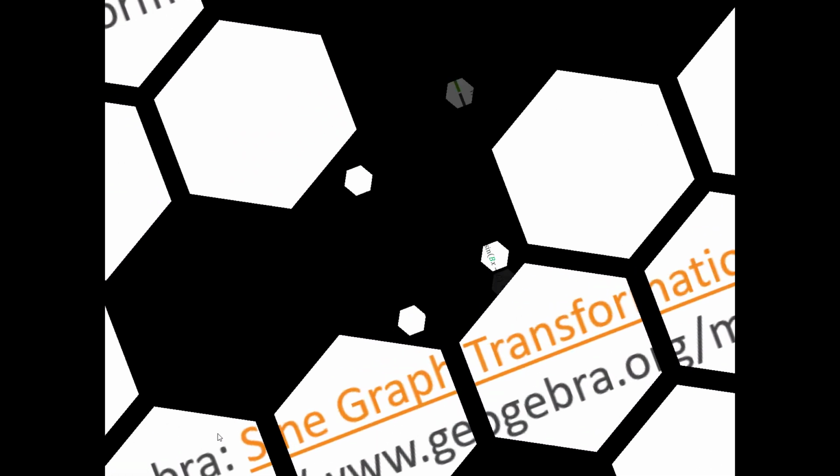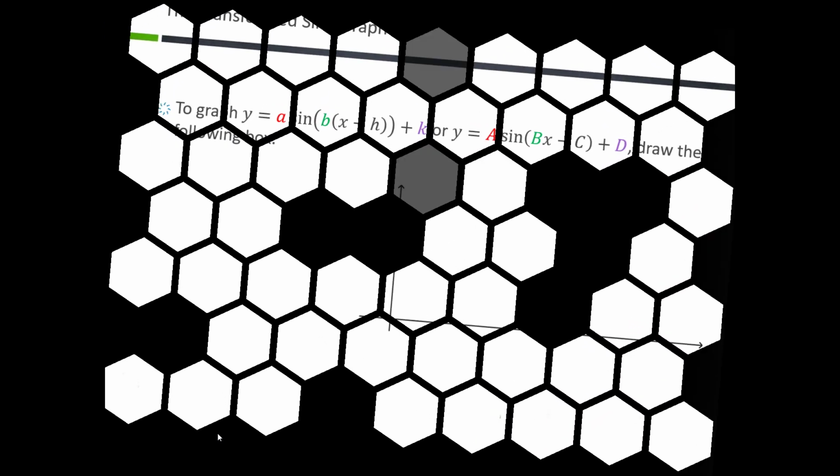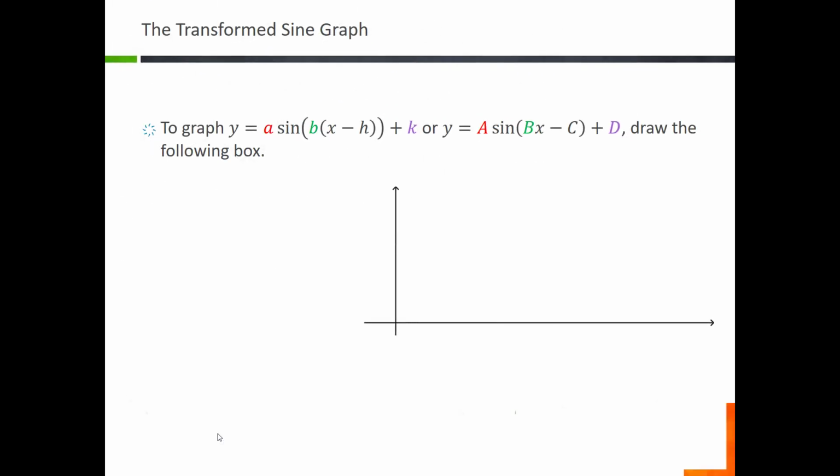Okay, so now that we've kind of explored what the graphs look like, let's look at how we go about drawing these graphs. There's a couple, and we'll do both a sine example and a cosine example. We'll just start with sine here. There's a couple ways you may see the function written, depending on what web page or textbook you're looking at.